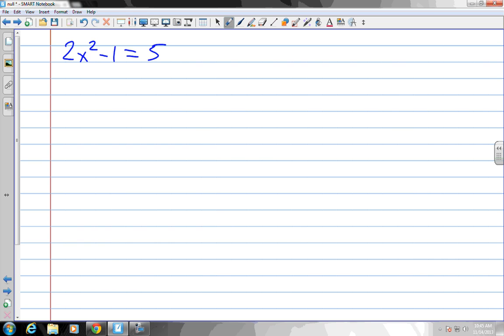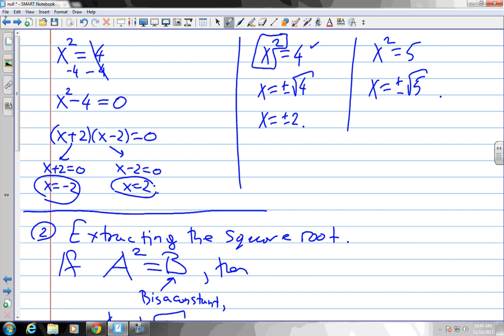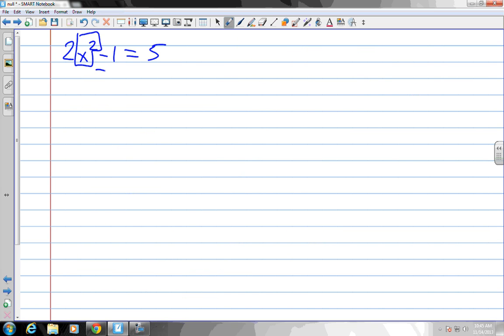But since I only have a variable in one place, and that is already squared, I can manipulate this equation to isolate the square. So I'll just add 1 to both sides. So that's 2x squared equals 6, right? Divide both sides by 2, x squared equals 3.